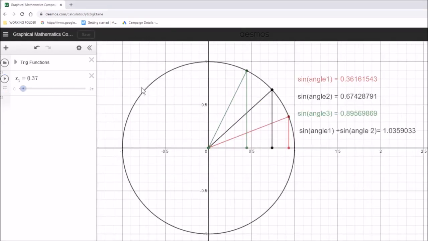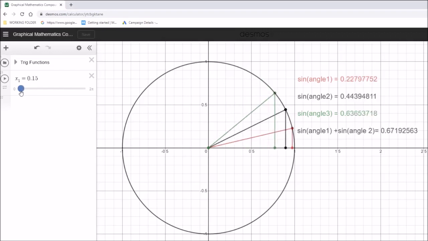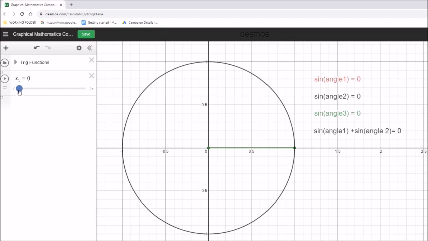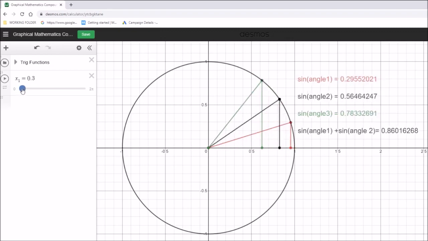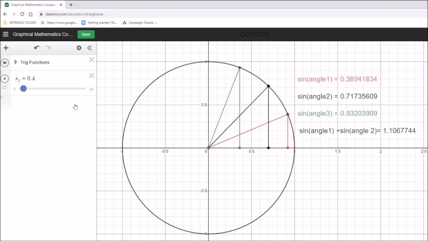So here's another simple way of looking at the compound angle equation. If we start off at a value of 0 here, and shift this round and pick up a random point here, now we've got three different lines. We've got the red one, the black one and the green one. The red one makes an angle, we'll call it angle 1. The black one makes an angle which is angle 2, and the green one makes an angle which is angle 3.